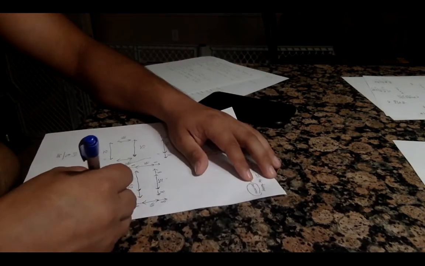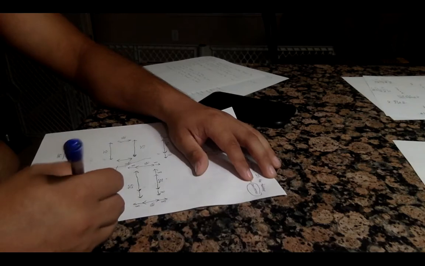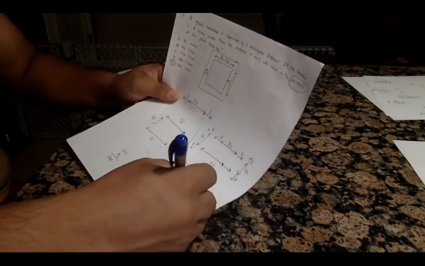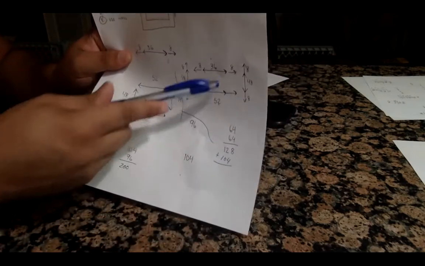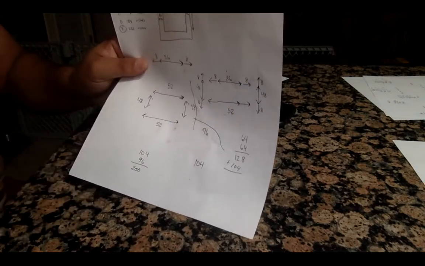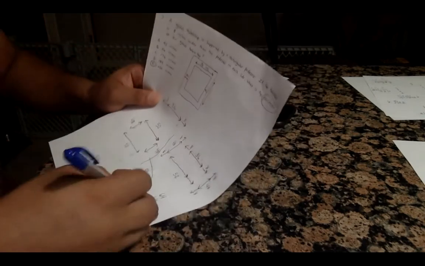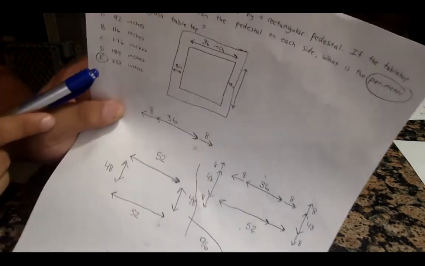So 64 plus 64 is going to be 128, and then we're gonna add the 104 from the top and the bottom, so right here, and the answer should come out to 232, which is E.